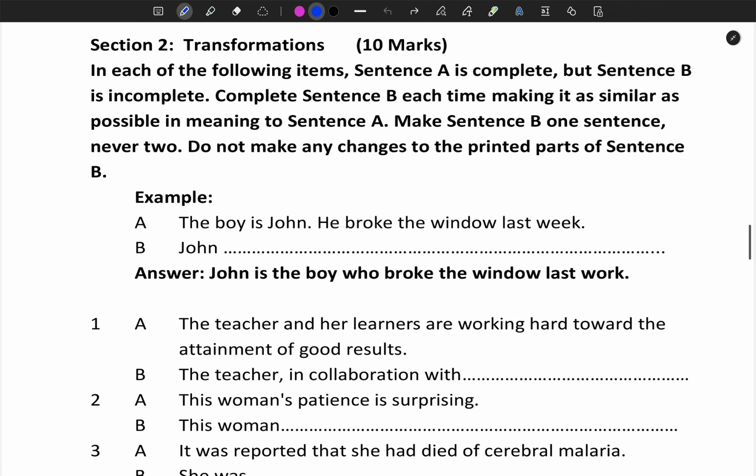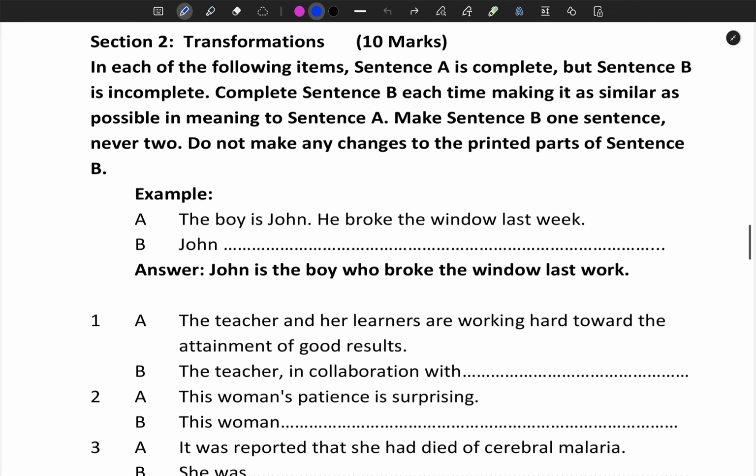In each of the following items, sentence A is complete. So we are given a complete sentence, but sentence B is incomplete. Complete sentence B each time, making it as similar as possible in meaning to sentence A. Make sentence B one sentence, never two. Do not make any changes to the printed parts of a sentence.